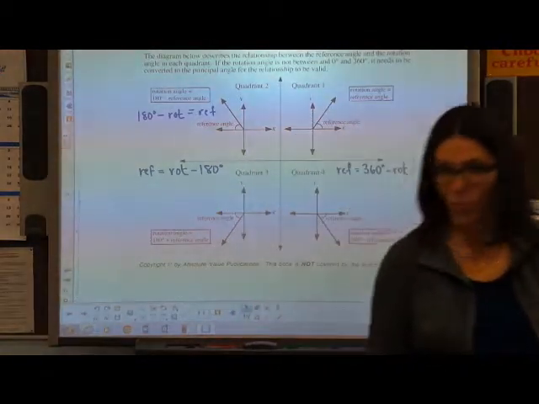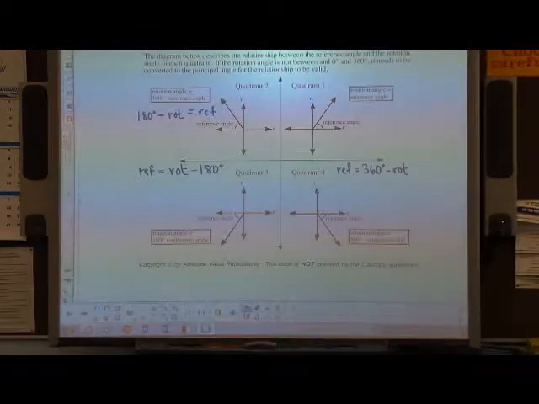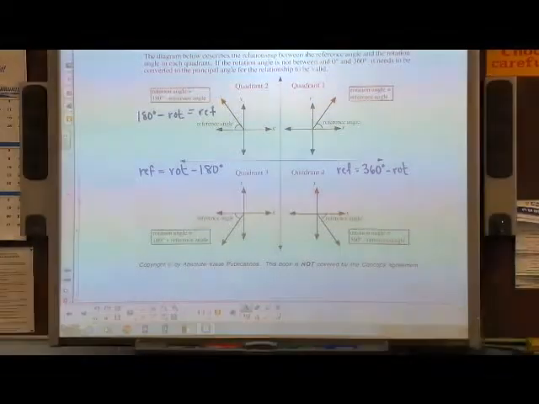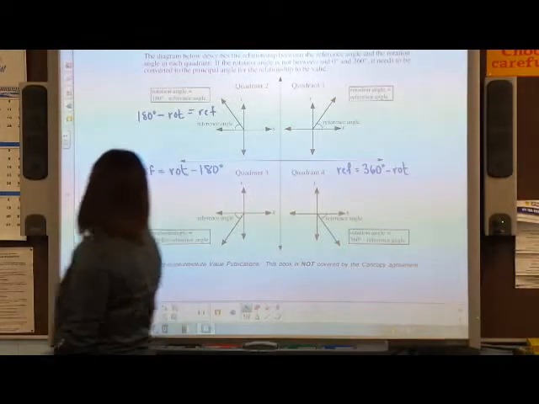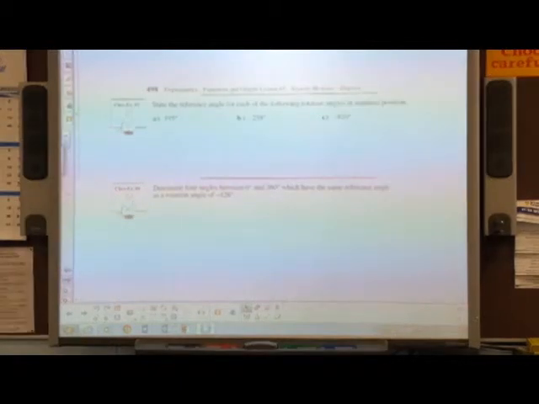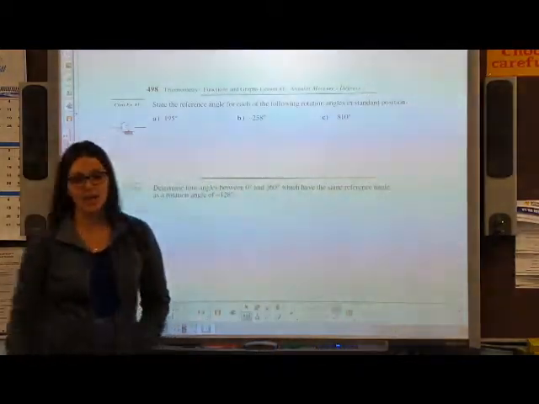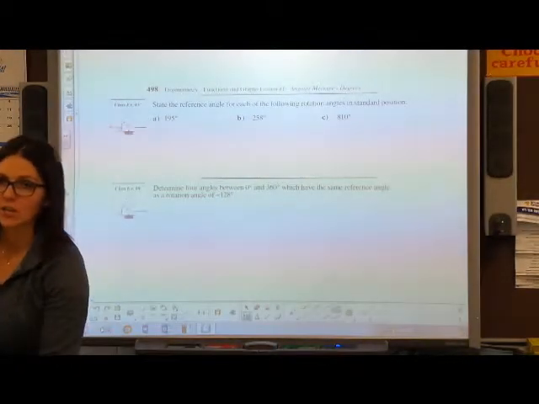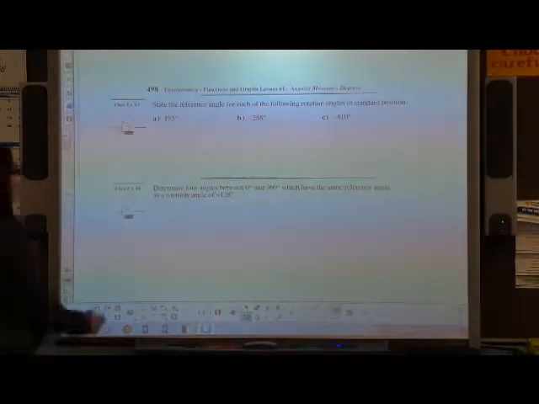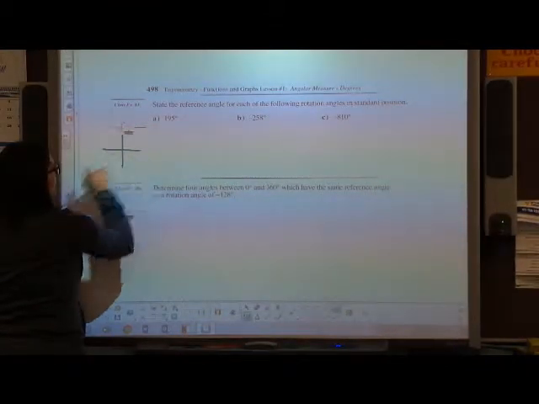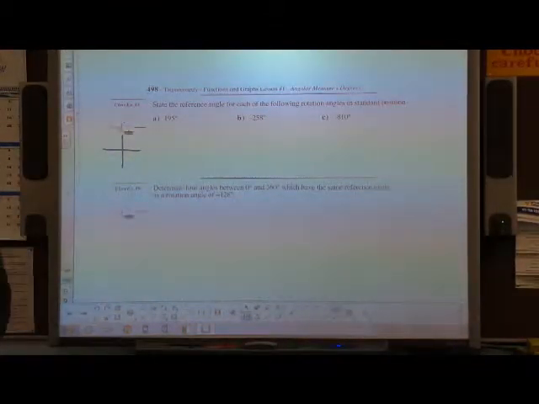Okay, so we just have a couple more examples and then we are done. On the following page, it says state the reference angle for each of the following rotational angles in standard position. Again, I would highly recommend sketching these just so that you get a visual. So if I'm at 195 degrees, which quadrant would I be in?